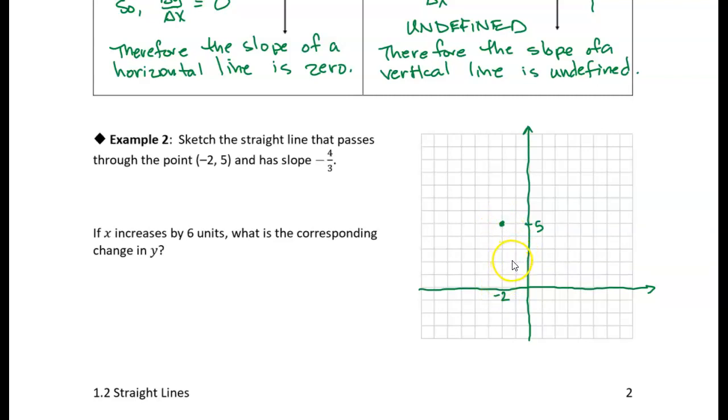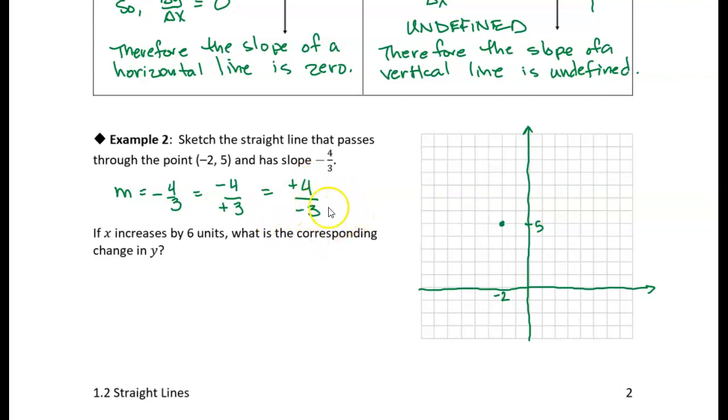Now I know that my line has a slope of -4/3. All right, so the slope is equal to -4/3, but I can get -4/3 by either going down in the y direction by 4 and over in a positive direction by 3, or I could go up in the y direction by 4 and over in the negative direction by 3.